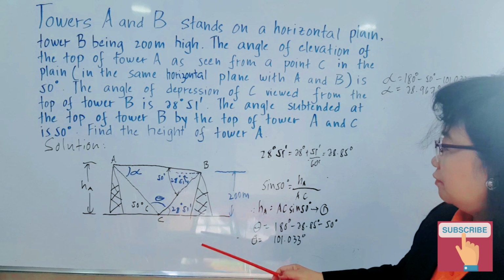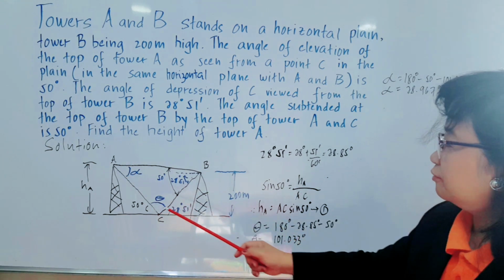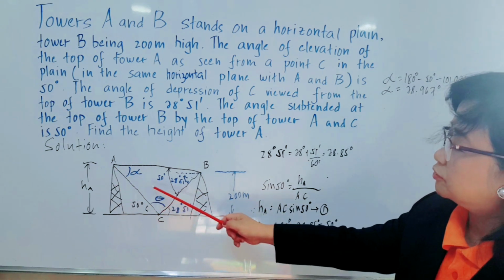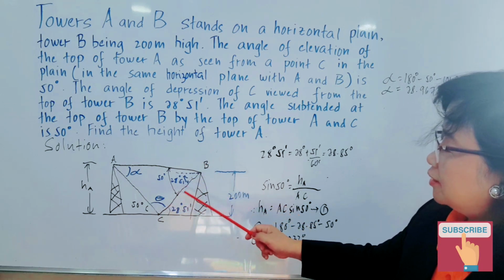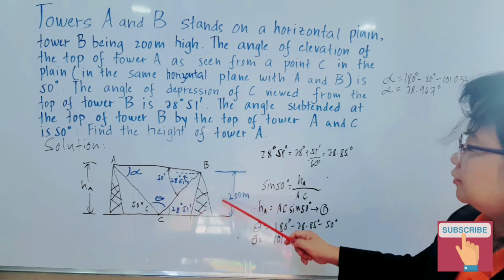Now, of course, we have to find AC to solve the height of Tower A. First, we have to find BC, because we already have the given angle here and we have the height of the tower.